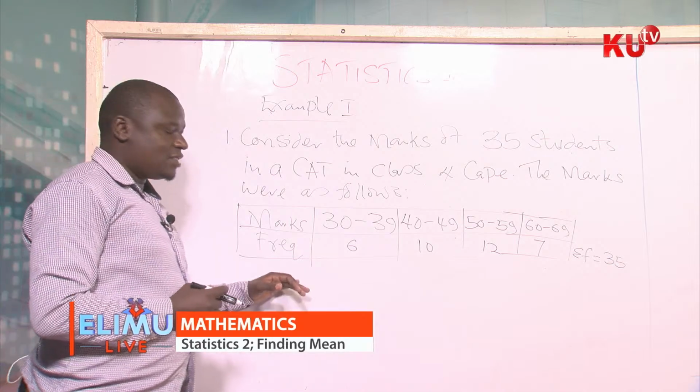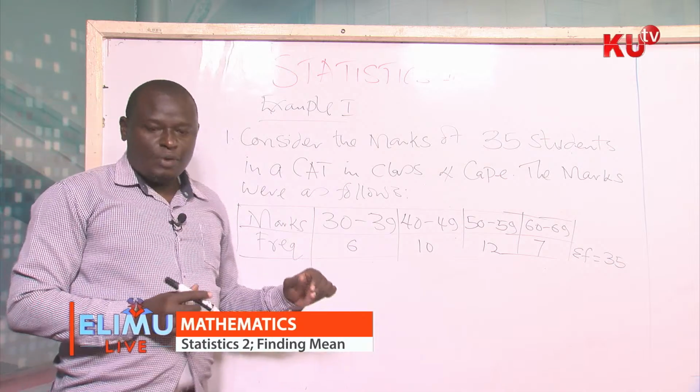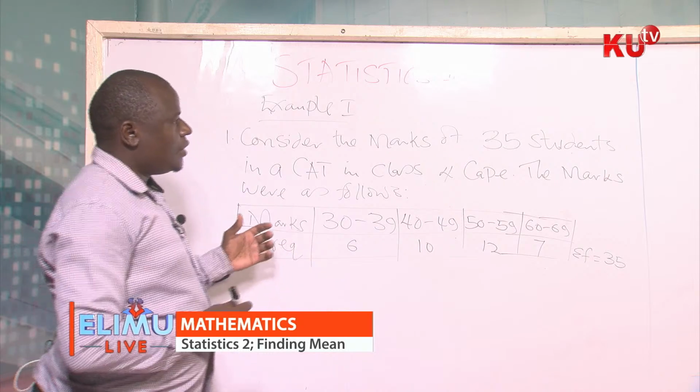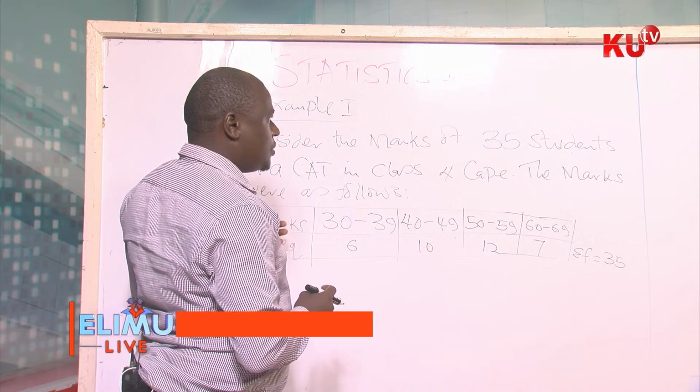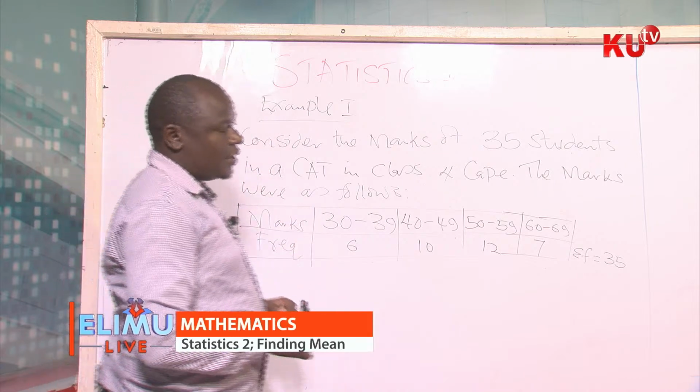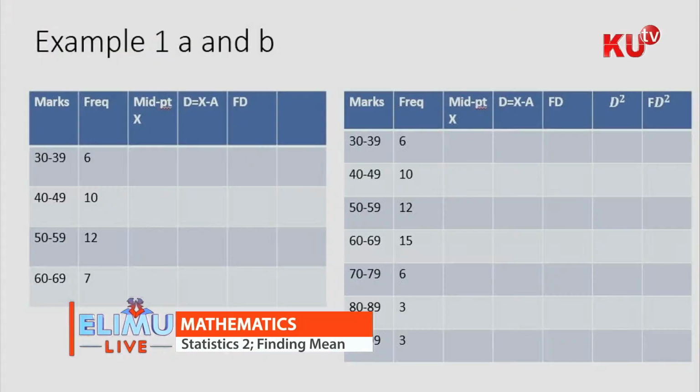Now, class, this is what we are going to do. We are going to draw this table in a portrait form so that we change the orientation. Allow us to look at our board.